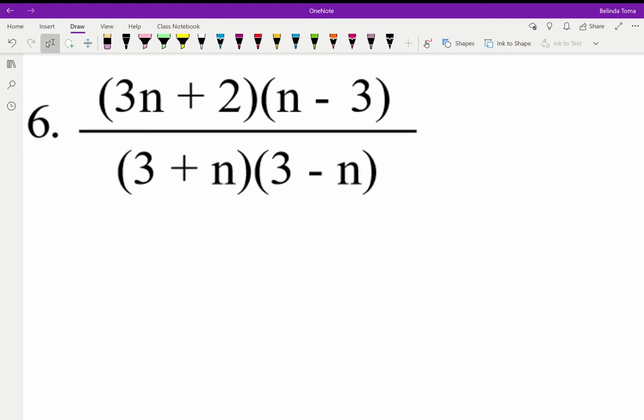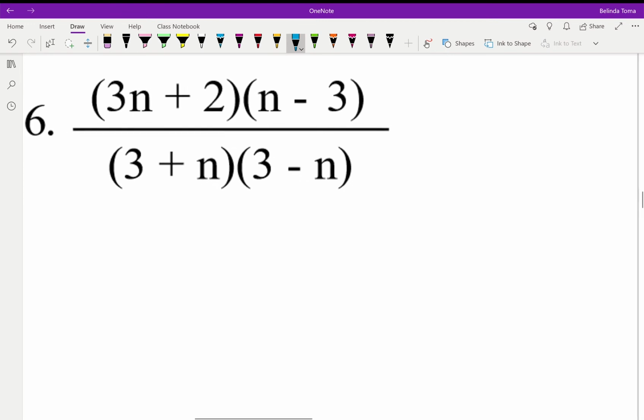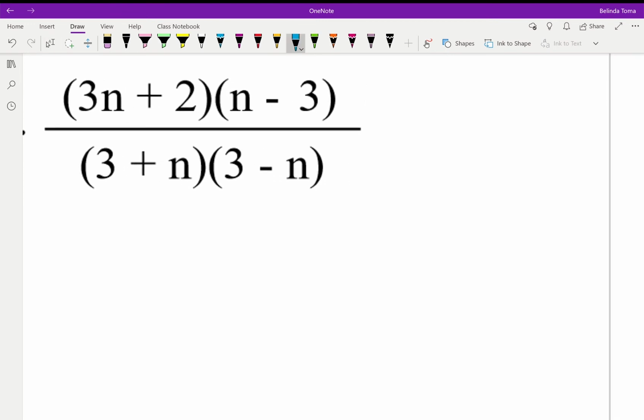What we're going to do is factor out a negative from one of them. It doesn't matter which one, the numerator or the denominator, so that we get something that matches. So here I'm going to take it out of the numerator. I'll leave the first term the same, 3n plus 2, factor out a negative 1, and then it becomes 3 minus n.